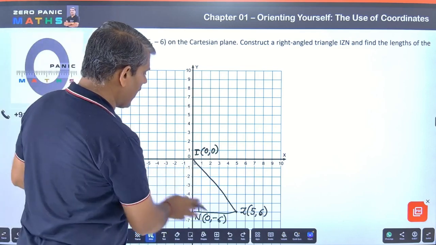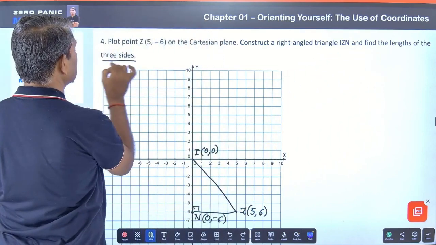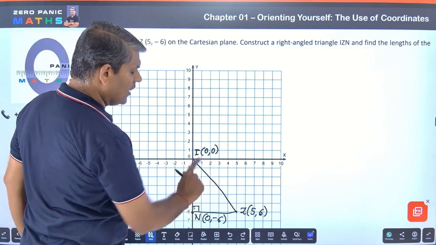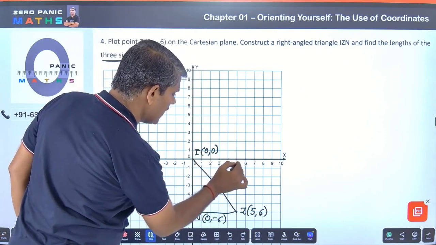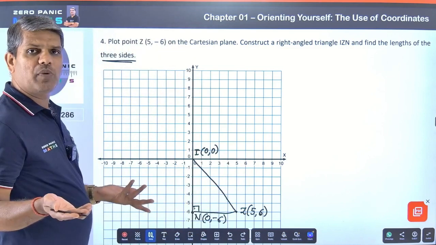They are asking for the lengths of all the three sides. In such a case, the lengths will be different if I consider I at a different place and draw the hypotenuse differently.